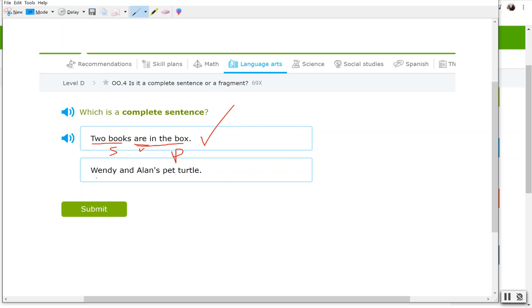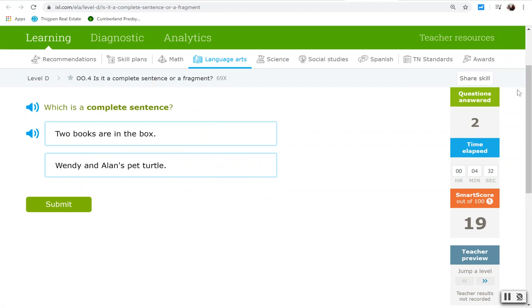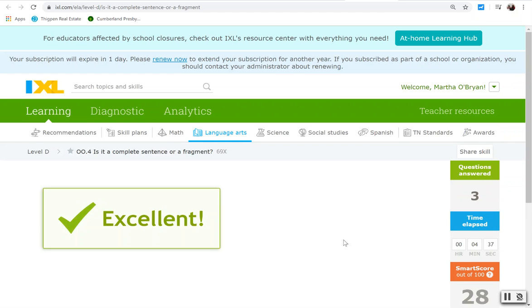This second one says Wendy and Alan's pet turtle. So even though that's a really long subject, it doesn't actually have a verb. That's all the subject. All we've identified is the turtle. We don't know what that turtle's doing. So this one is not a complete sentence. So I'm going to choose the first one, which is a complete sentence.